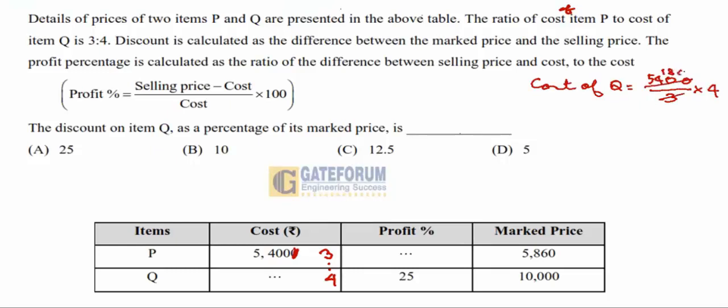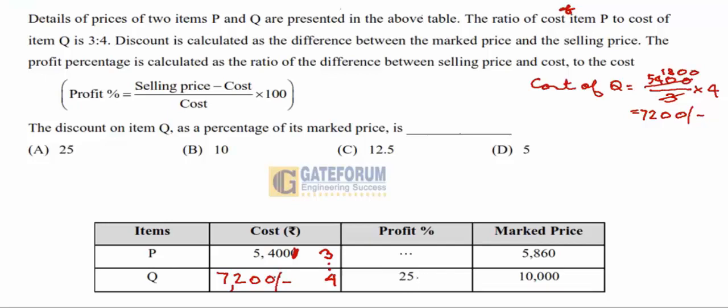So this becomes 1,800 into 4, which is 7,200 rupees. So I immediately write that the cost here is 7,200 rupees.